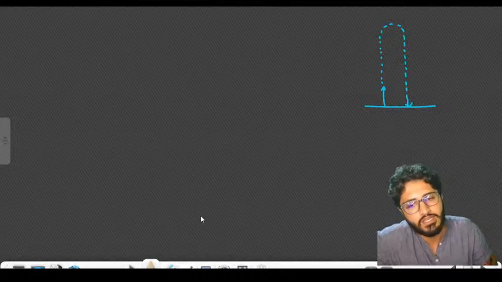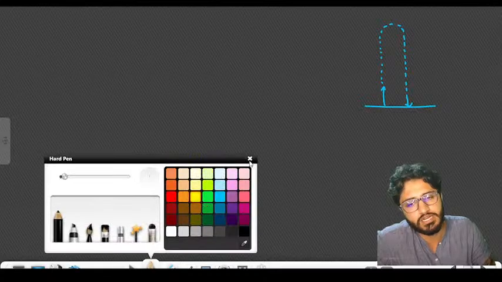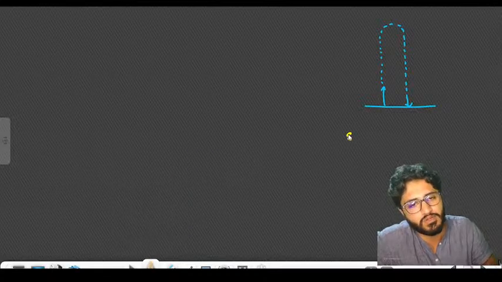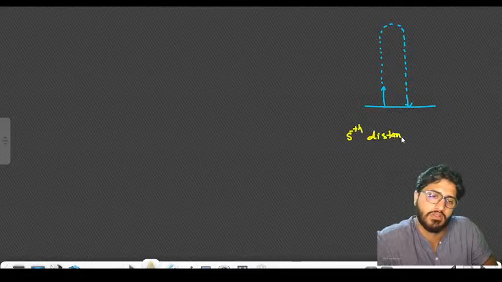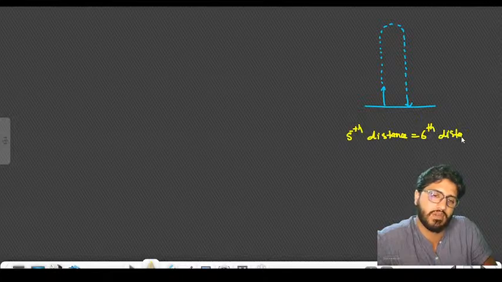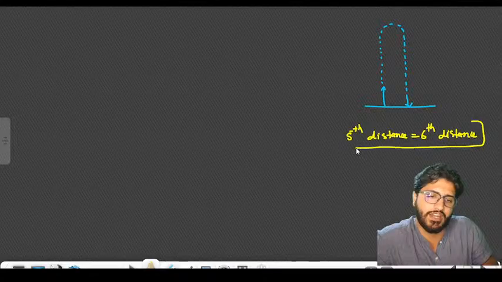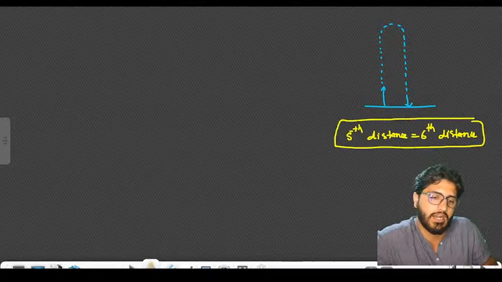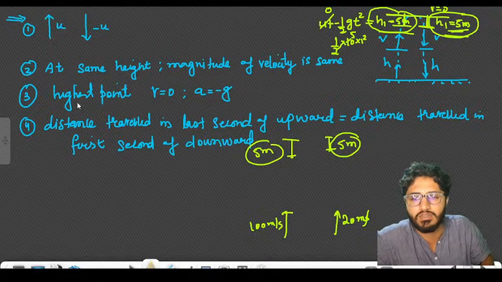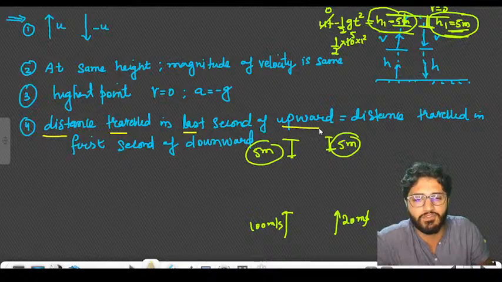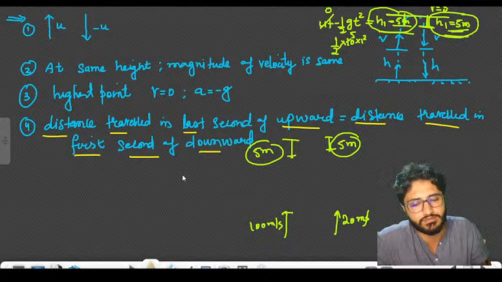It states that the distance traveled in the fifth second equals the distance traveled in the sixth second. Just read this sentence now. And let us go to the back slides. This slide: distance traveled in the last second of upward, distance traveled in the first second of downwards.